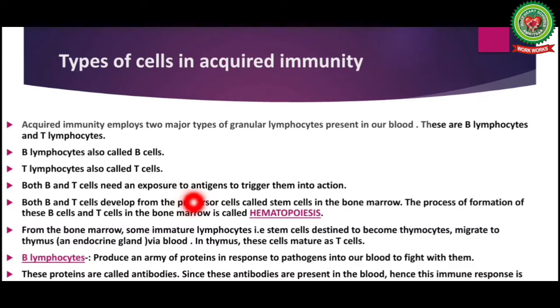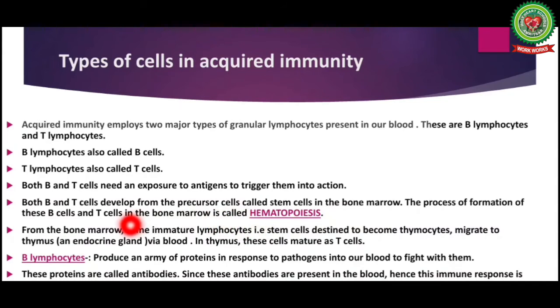Hemato comes from blood and poiesis means formation. From the bone marrow, some immature lymphocytes destined to become T cells migrate to the thymus. In the thymus, these cells mature as T cells. The B cells remain in the bone marrow and mature in the marrow itself.